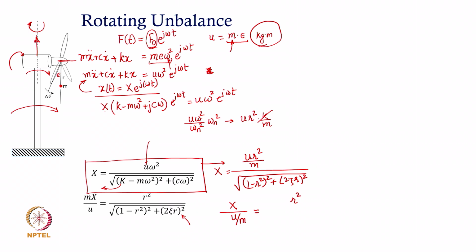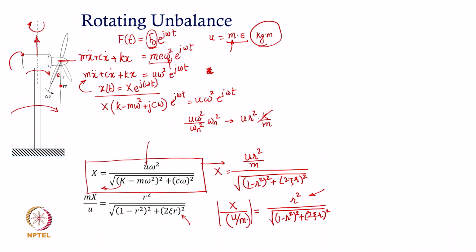So, you are left with what? r square upon square root of (1 minus r square) whole square plus (2 zeta r) whole square. That is our usual expression, except for the fact that in the numerator instead of 1 you have r square, okay. And in the left hand side, this particular term is again a dimensionless response, or I can call this a normalized vibratory response, normalized with respect to u over m.